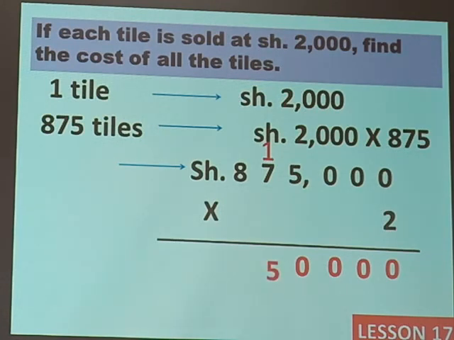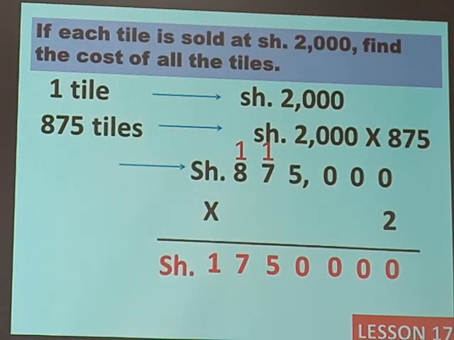So we shall write 5 and regroup 1. Multiplying 2 times 8, we shall get 16. Then 16 plus 1, which we regrouped, is 17. We no longer have any other number this side, so we have just 17. We're not regrouping again.